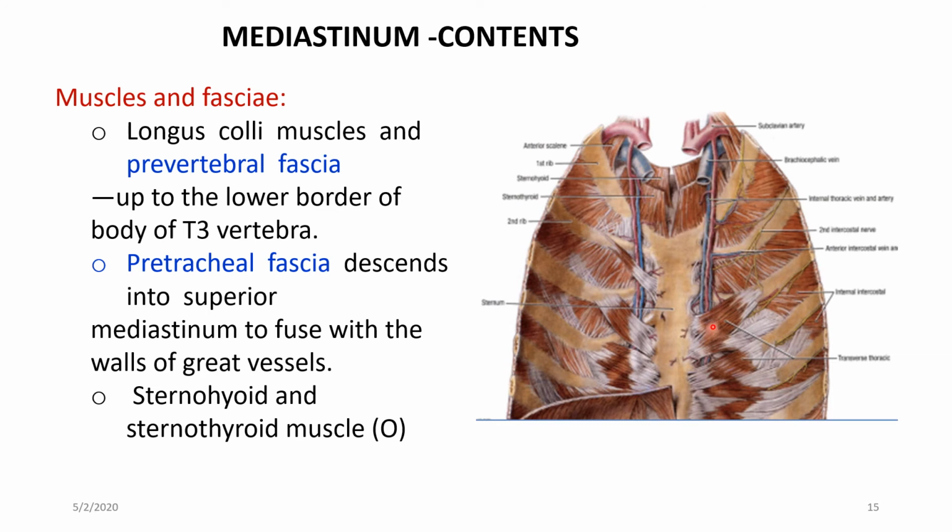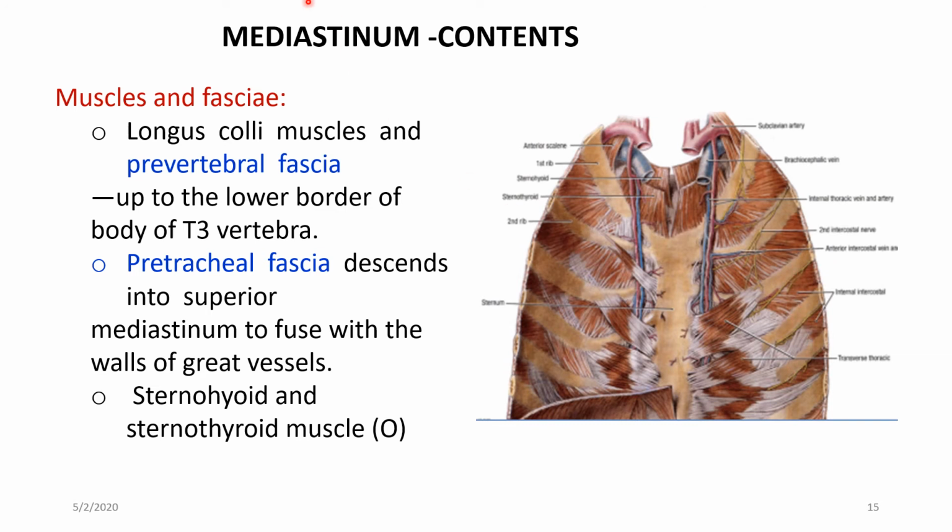Then you will find some of the muscles in relation with this posterior aspect. The important one to note is the transversus thoracis slips. Then you can see the internal intercostal and then the innermost intercostal muscles also.